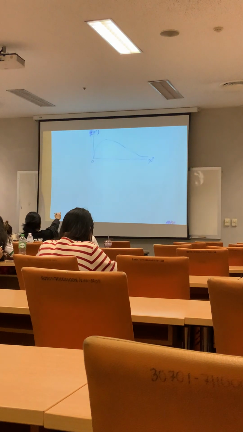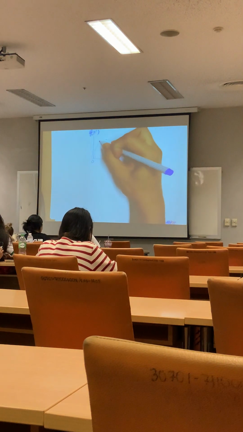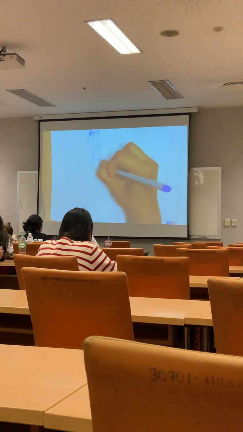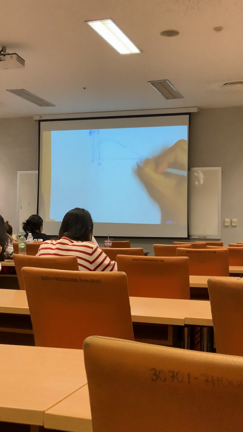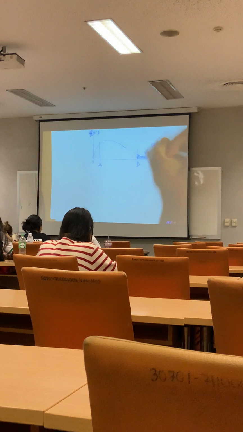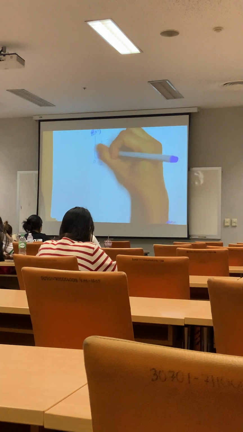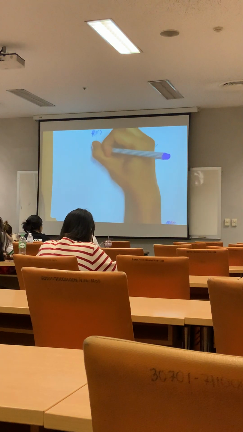Let's say I want to find 2 points. One is A and one is B. The connection between these 2 points is that I want the area here to be 1% and that area to be 1% as well.